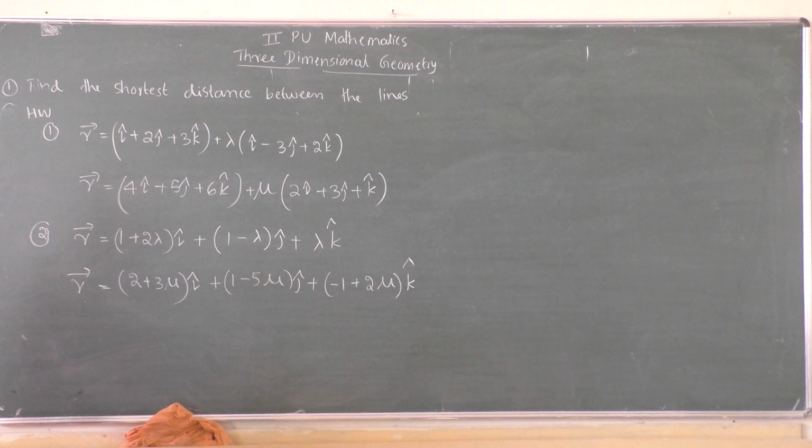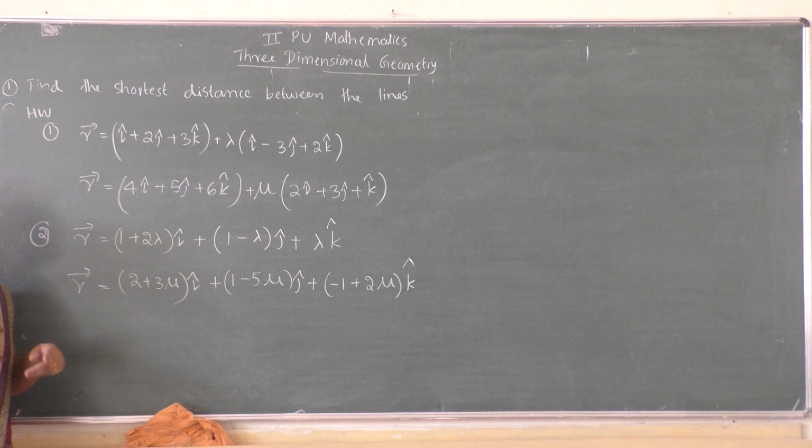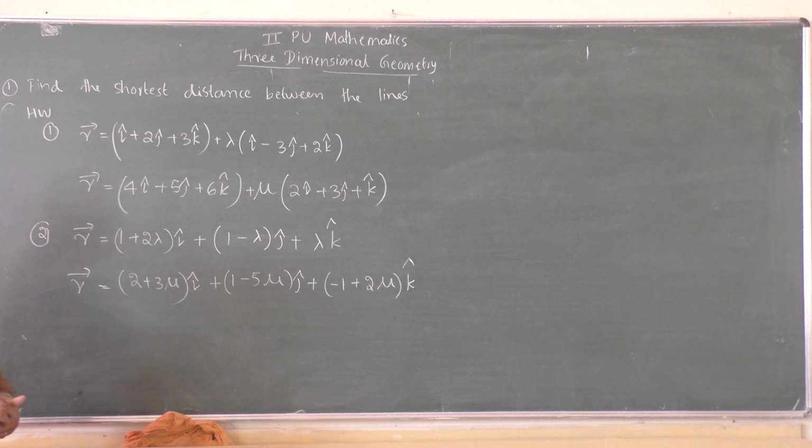So find the shortest distance between the given set of lines. See, this is similar to the first problem, and this problem is similar to the second one. That is, you have to convert the given lines to standard form, then you have to find the shortest distance.